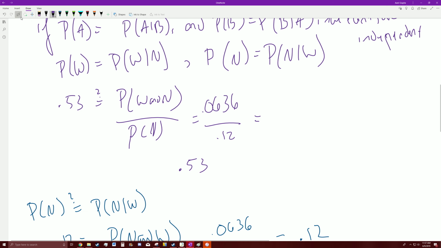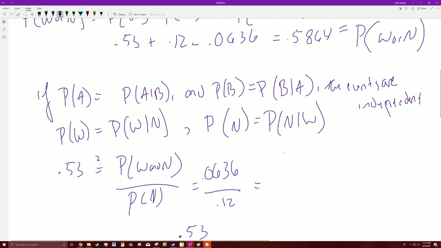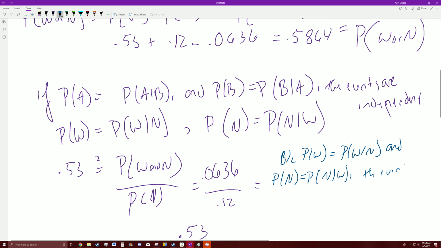And now up here, I'll just write it. In case you found this method simpler, you can say because P(woman) equals P(woman given never), the events W and N, quote unquote W and quote unquote N, are independent.